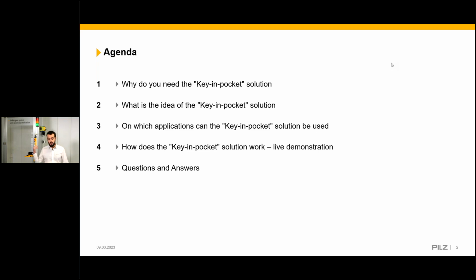And finally, we will have a live demonstration here. We will go through all those components and see how they work and their functionality. This presentation will take about 25, 30 minutes. Finally, we will have questions and answers.